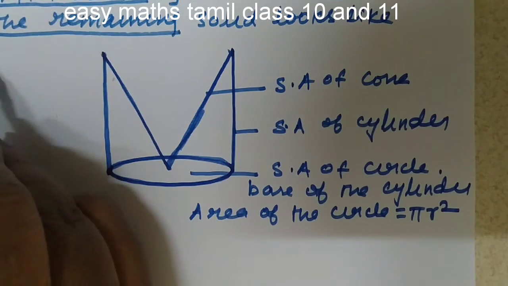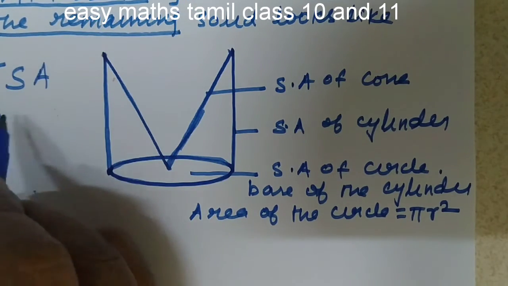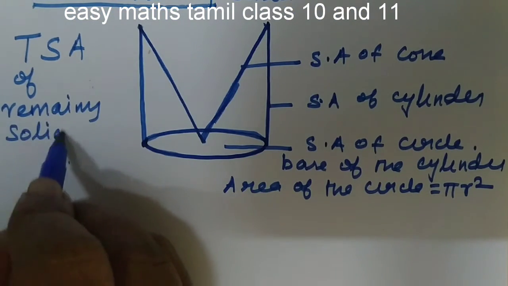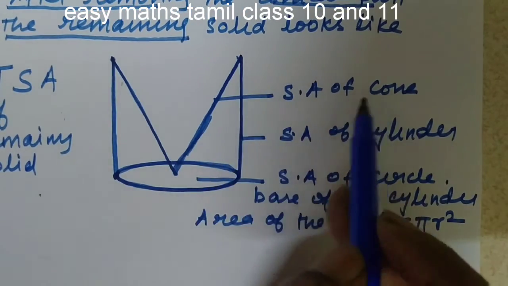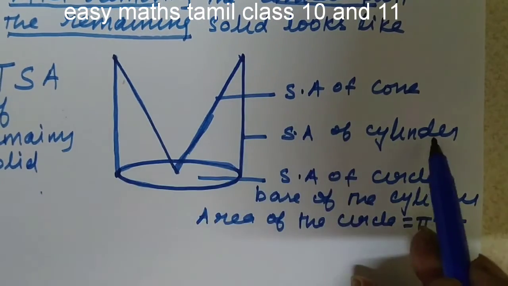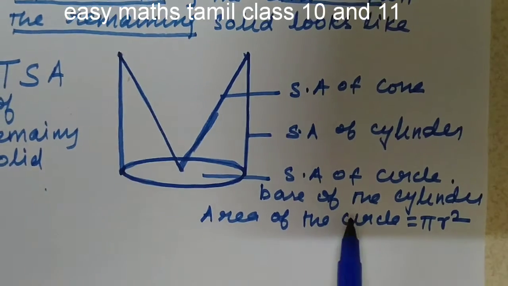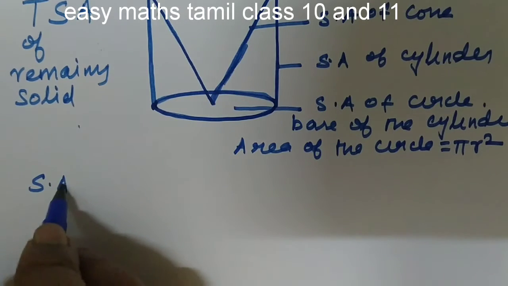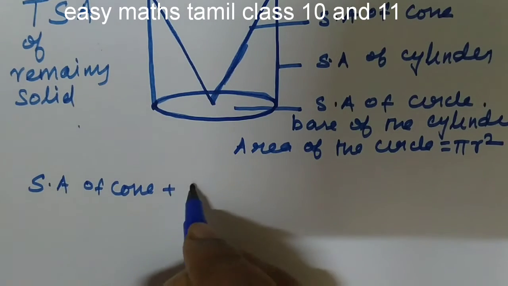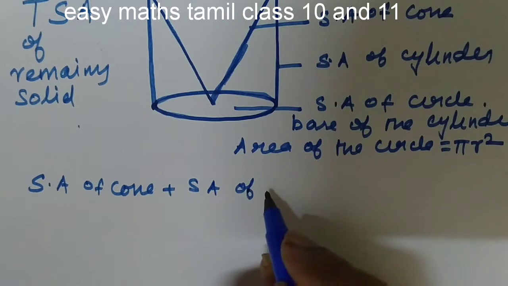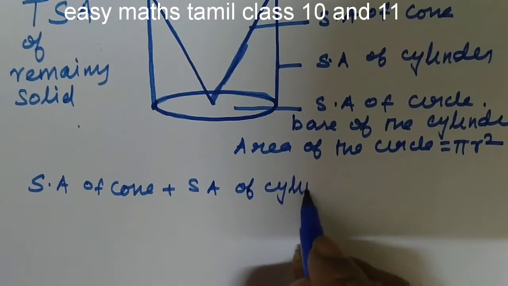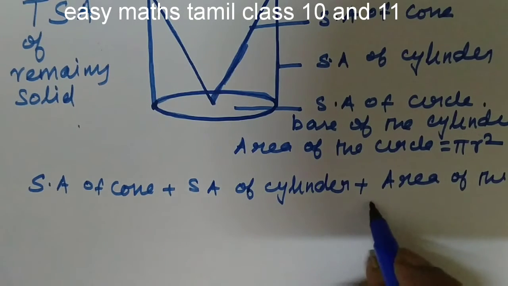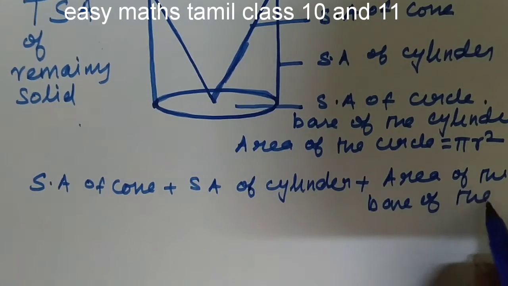So total surface area of remaining solid is surface area of cone plus surface area of cylinder plus area of the base of the cylinder.